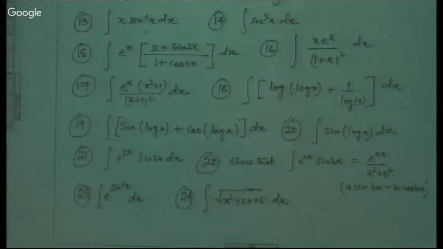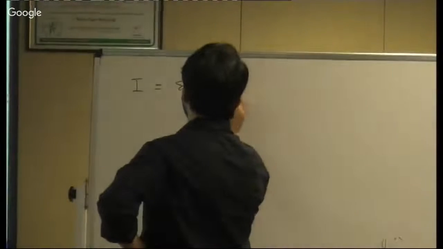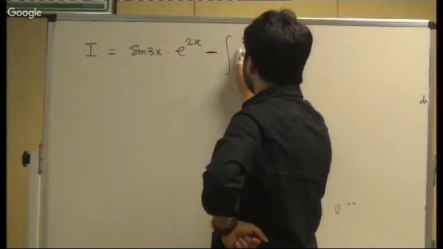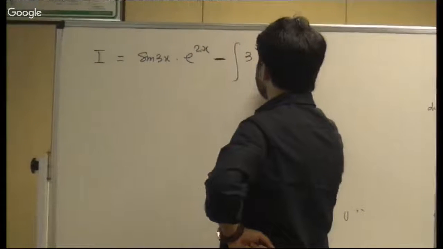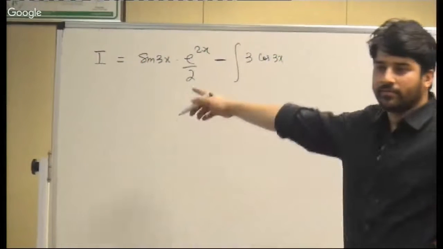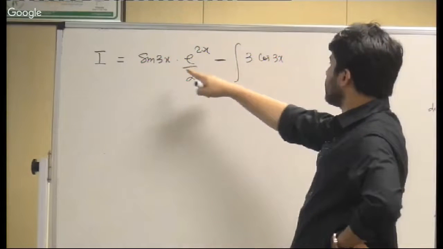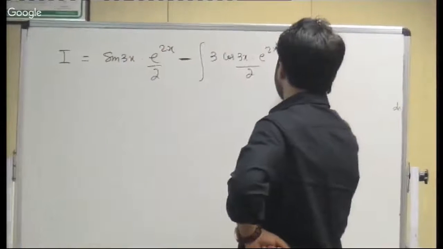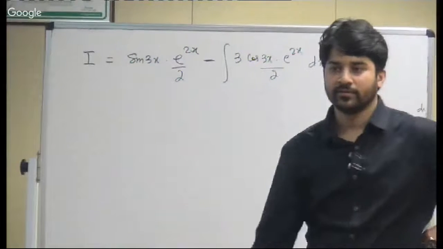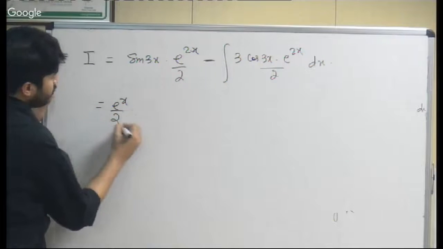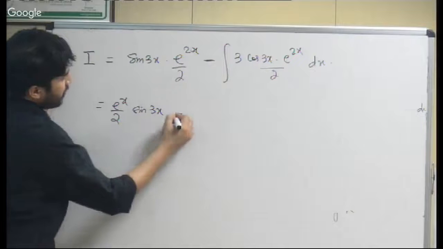So I'm going to say this as I is equal to sine 3x into e to the power 2x by 2 minus 3 cos 3x by 2 into e to the power 2x by 2 dx, right? So I'm going to say this as e to the power 2x by 2 sine 3x minus 3 by 2.